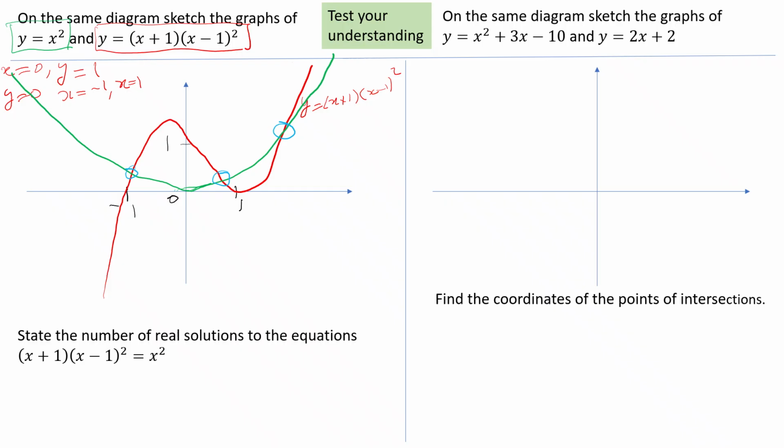So the second part, state the number of real solutions to the equation. It means how many points the graphs intersect. So the answer is 3.